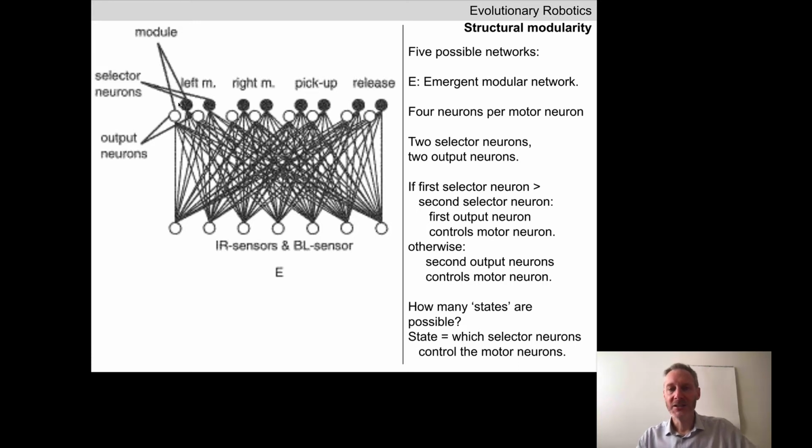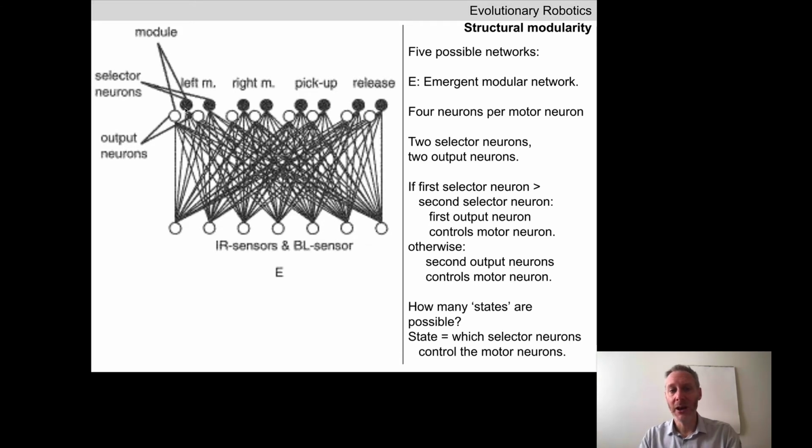Okay. Let's build up our intuition for network E here by imagining some hypothetical situations. Let's imagine evolution proceeds, evolving all of these synaptic weights, and produces a robot that does a pretty good job of cleaning up the arena.